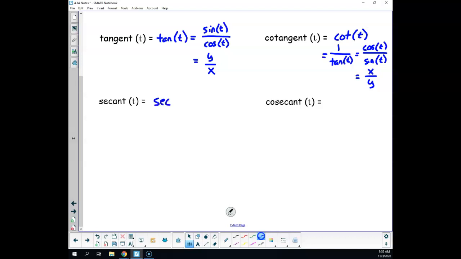Secant, the symbol is SEC, is 1 over the cosine, because everything needs a co, so that is 1 over x. Cosecant is CSC. That's 1 over the sine, or the reciprocal of our y.